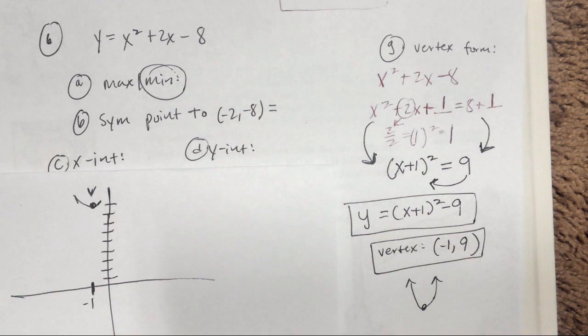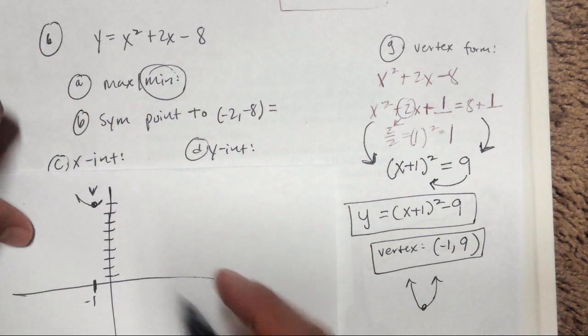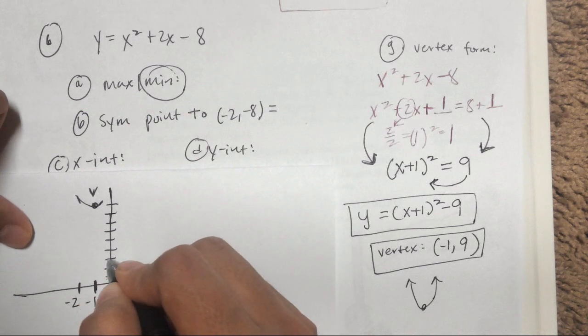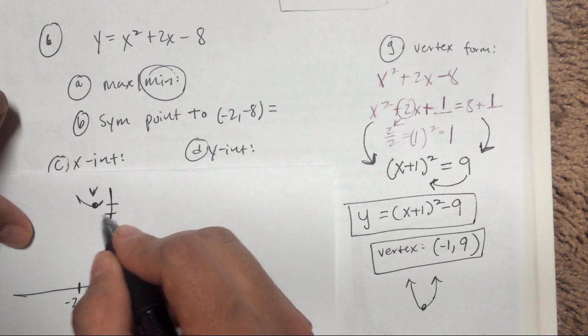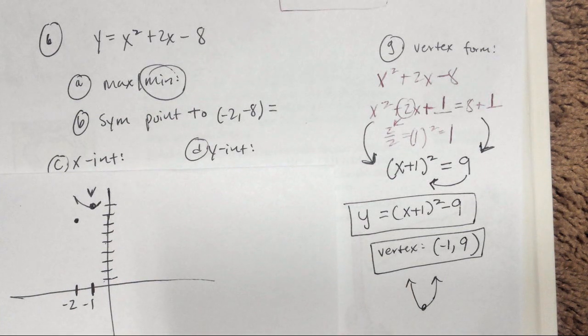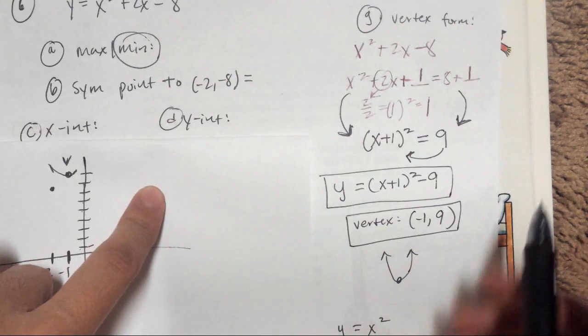I'm going to do a little sketch. But they want me to find a symmetrical point to -2, 8. So I have -2, 2, 3, 4, 5, 6, 7, 8. So that's right here. So looking at it, I goofed, sorry. My vertex, you see here, it's -1.